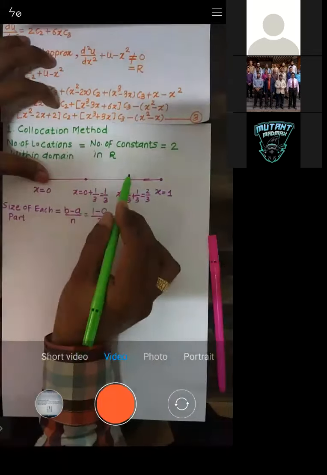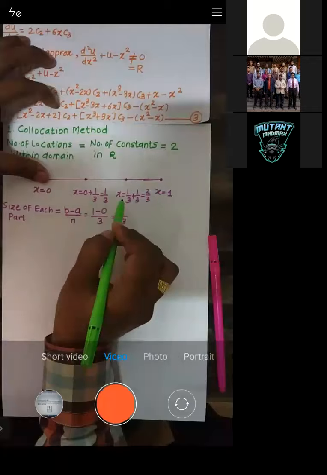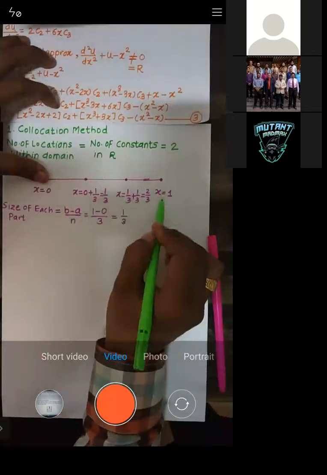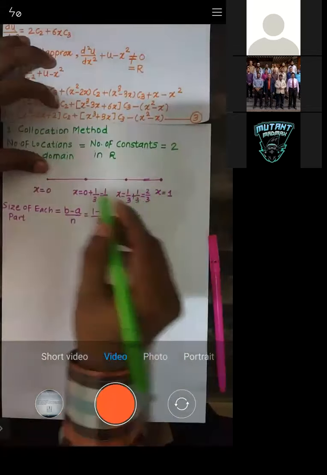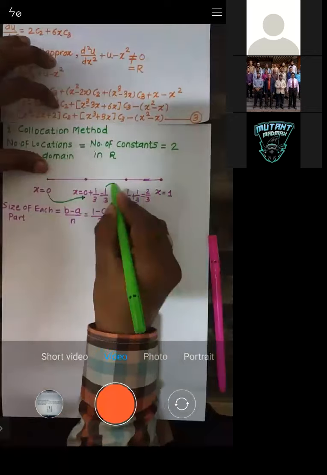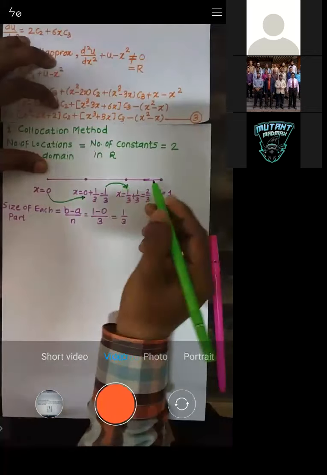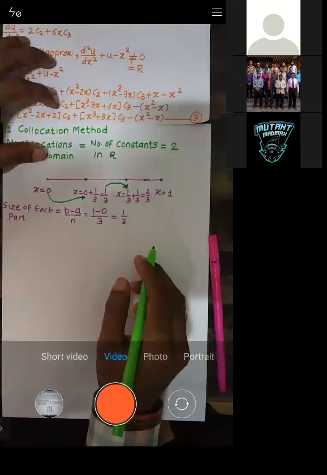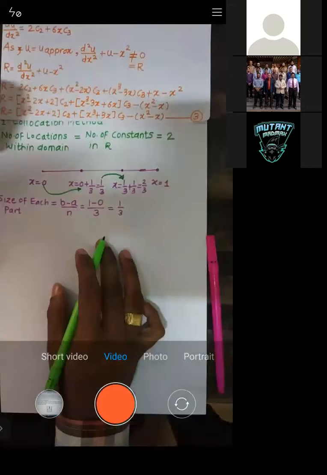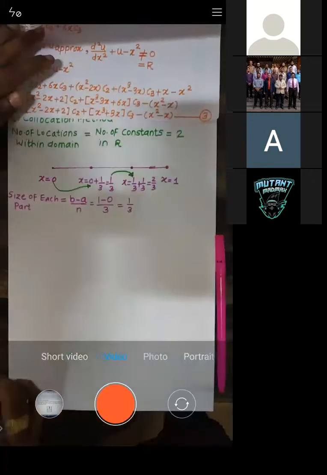It's 1/3 plus 1/3, that is 2/3. And what is the value of x here? It's 2/3 plus 1/3, that is 1. See, this 0 will come here. This 1/3 will go here. See, that is what is written. Is it okay with this one? Let me know. Yes, sir.